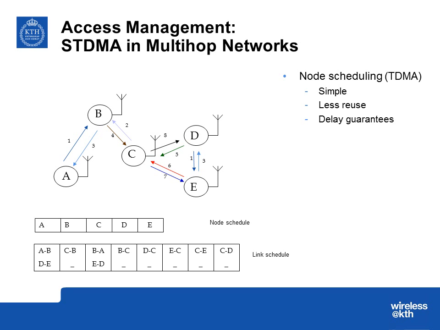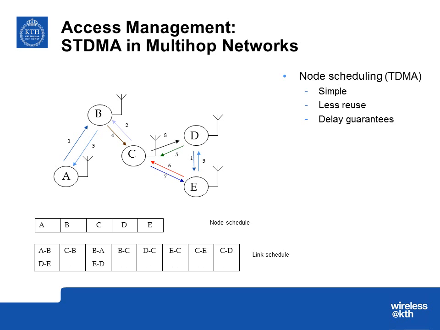So we can simultaneously transmit between D and E. Between C and B we can transmit, but then C will interfere with D and E, so there cannot be any transmission at the same time, and neither can A transmit, since it's only B that can receive signals from A. So when C is transmitting, there will be a collision at B. So the link CB has to be single, and so on.